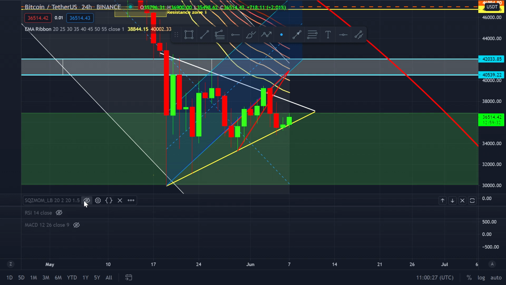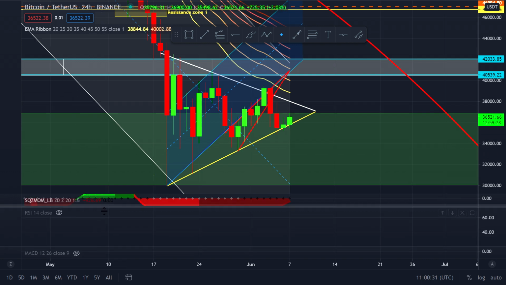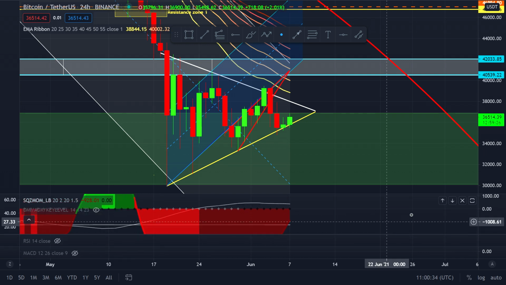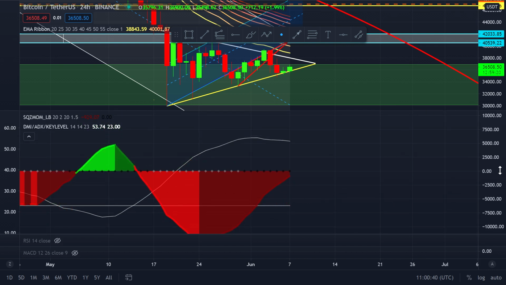The one thing I can tell you though is if we go to the squeeze and the ADX on the daily, this is the most important one, and I'm gonna try to zoom it out, try to fix it.